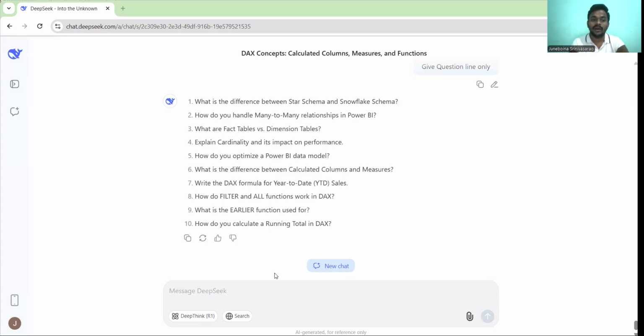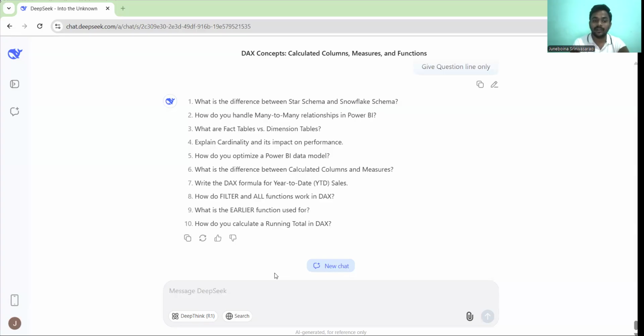How do FILTER and ALL functions work in DAX? FILTER and ALL functions are used for various operations in DAX. FILTER is used to filter the data in a table. For example, if we want to filter the sales details where the quantity is greater than 100, the DAX formula for this is FILTER of sales, comma, sales of quantity greater than 100.